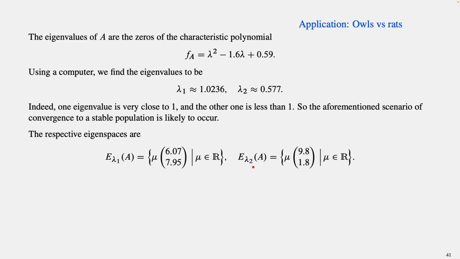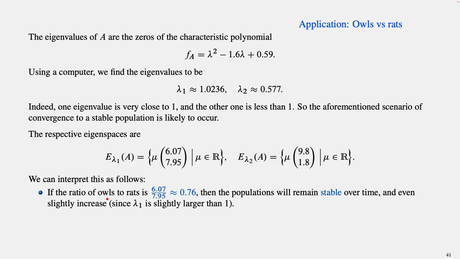And for the eigenvalue less than 1, we get as the eigenspace the multiples of the vector with entries 9.8 and 1.8. You can already see there's quite a difference here in the ratios of owls to rats. So here you have many more owls, and here they are not identical but are much more balanced in their ratio. So let's interpret what these eigenspaces mean.